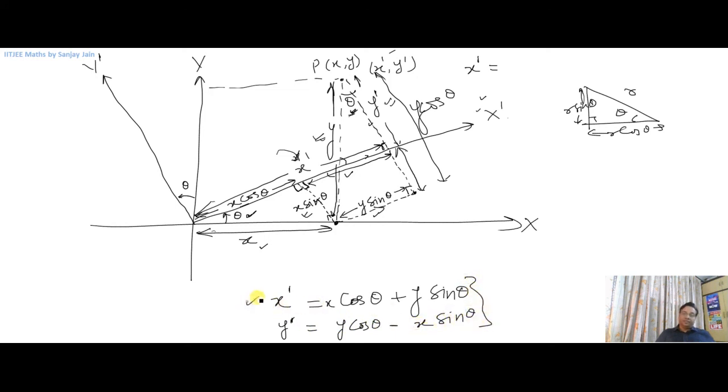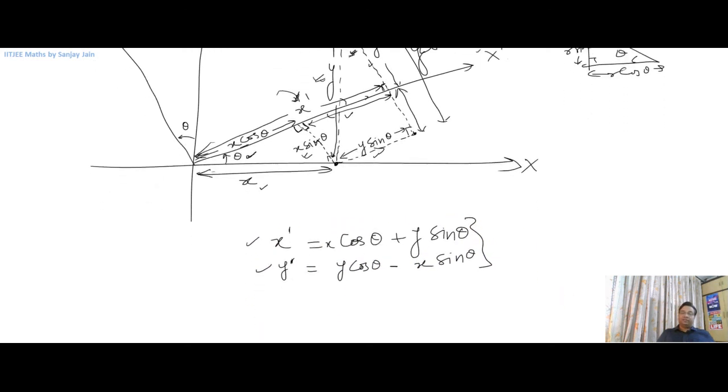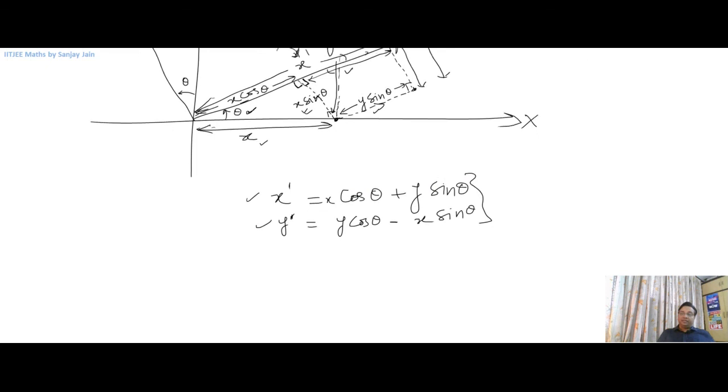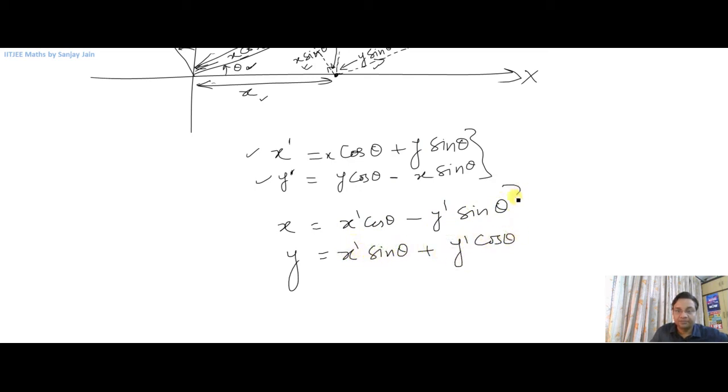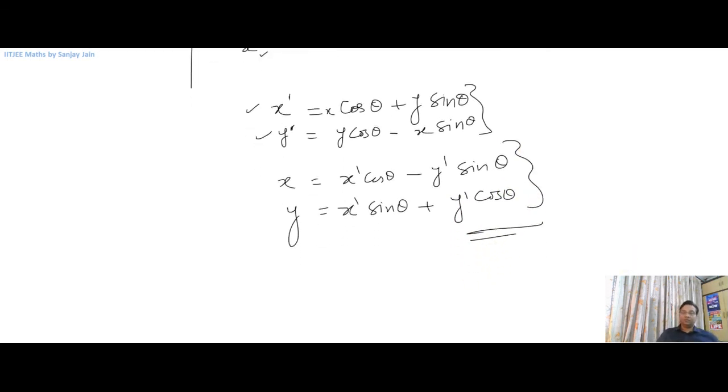So I have written new coordinates in terms of old coordinates like this: x cos theta plus y sin theta and y cos theta minus x sin theta. And we had already written the old coordinates in terms of the new coordinates: x dash cos theta minus y dash sin theta, x dash sin theta plus y dash cos theta, right? So now it depends on the question how you use these transformations.